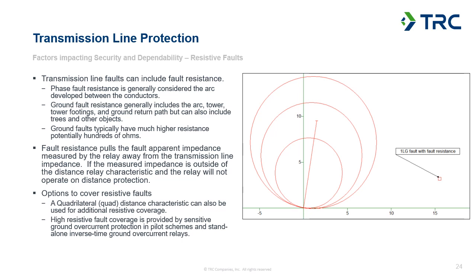So you may consider applying ground overcurrent protection, either in a pilot scheme or as part of a standalone directional ground overcurrent, time overcurrent relay. And those can be set fairly sensitive and may do a better job than your distance characteristics in detecting resistive ground faults.